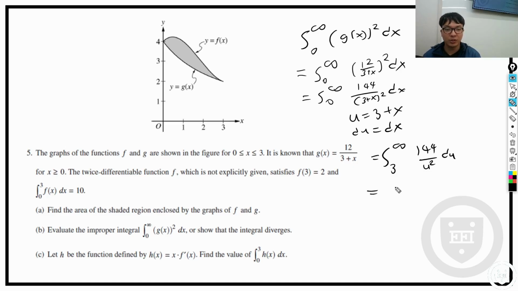This is equal to negative 144 over u from 3 to infinity, which is equal to 0 plus 144 over 3, which is equal to 48, which is our answer to part B.